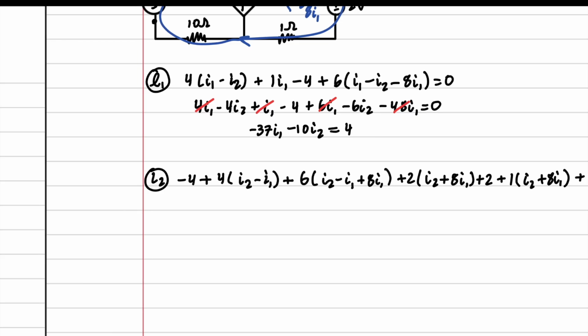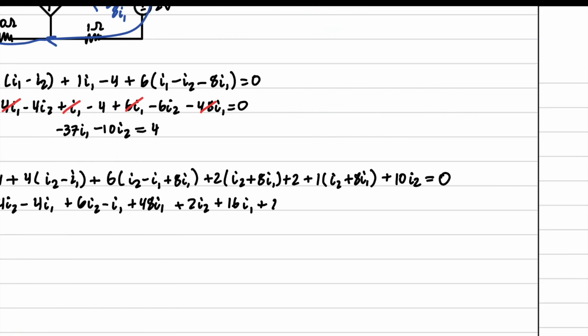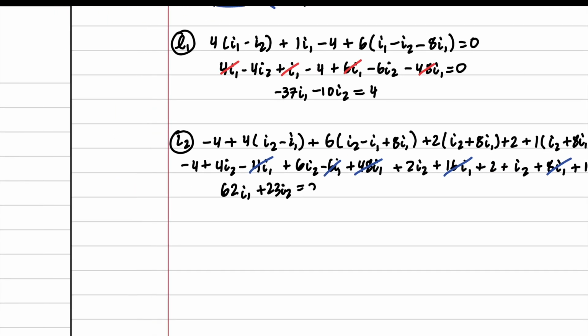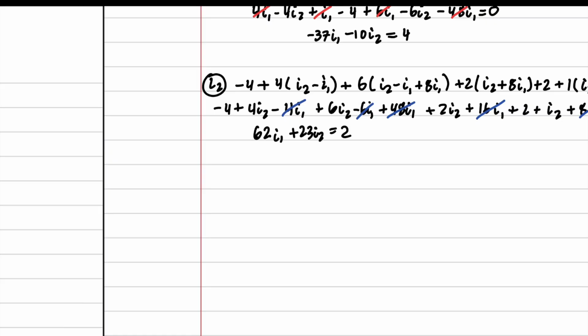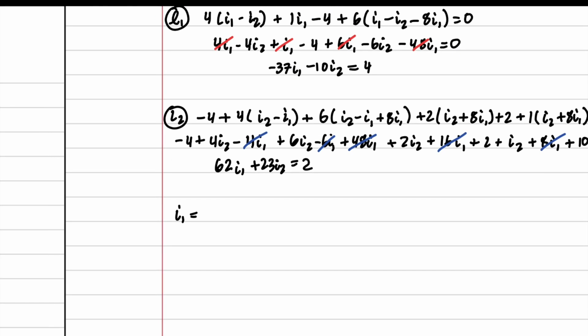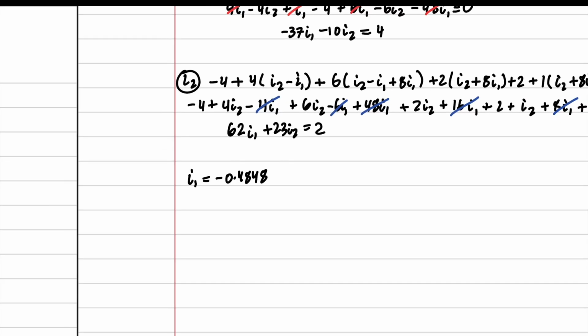I'm going to simplify this out, and the simplified equation is 62I1 + 23I2 = 2. If I did my math correctly, please check in the comments. I'm going to write down the answer: I1 is equal to -0.4848, and I2 is equal to 1.393 amps.